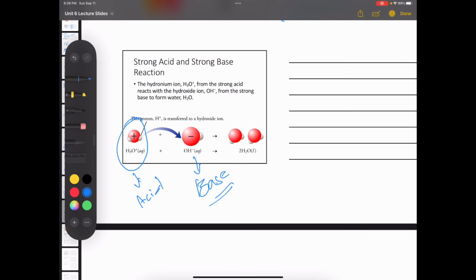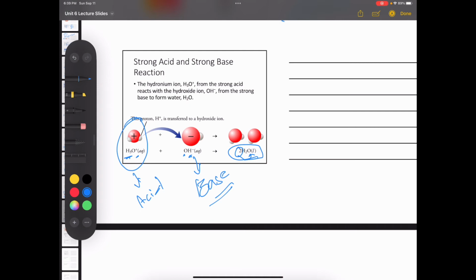The product of the H3O and the OH will be H2O, or 2 H2O. The reason we add a coefficient of 2 here is that we need to make sure our equation is stoichiometrically balanced. We started with 3 and 1, so 4 H, and we'll have to end up with 4 H. We started with 1 and 1, so 2 O, and we'll have to finish with 2 O. Always keep that in mind.